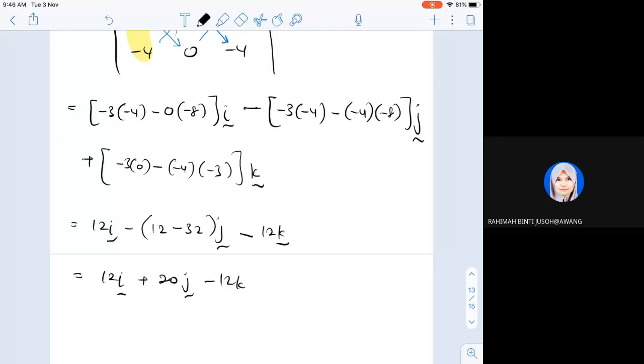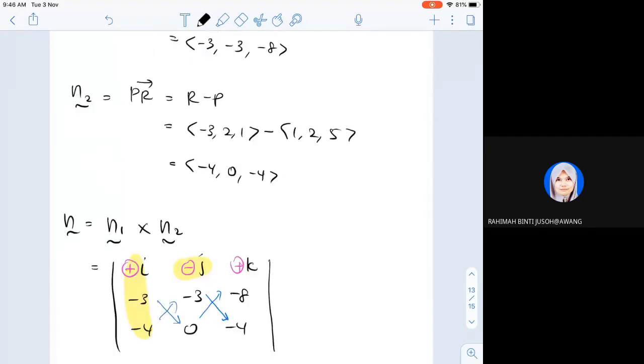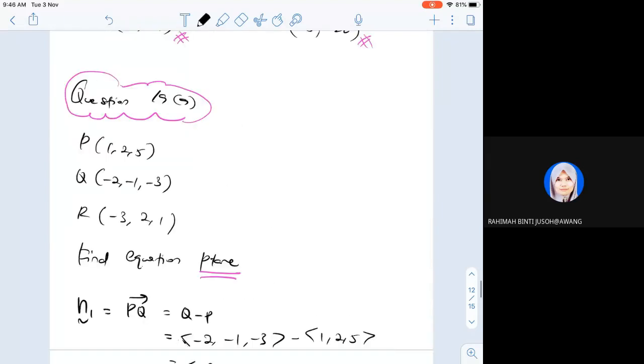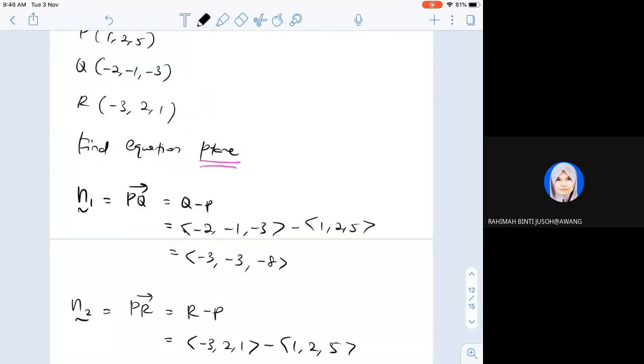So we will have question number 19B. Alright. Did you get this, guys? Ke you all salin je ni? Belum buat. Bukan, maksud saya kira sama-sama dengan saya yang saya buat tadi.